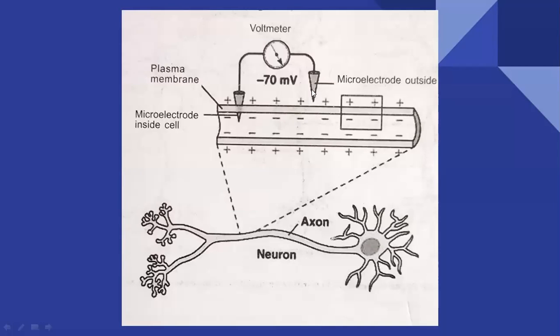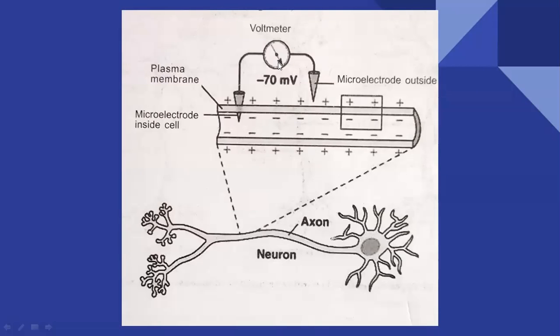So one is on the outside of the membrane, and another is placed inside the membrane in the cytoplasm or axoplasm. These two electrodes are connected to the voltmeter.